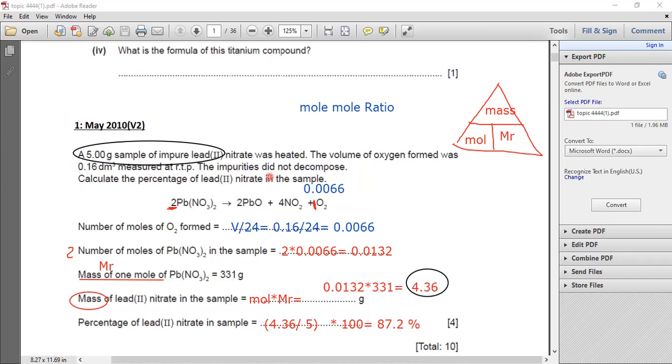In this question, I discussed with you using, in number 1, the second triangle, volume divided by 24, because I have the volume of oxygen. I discussed how you can use mole ratio to find any compound in the equation, and we discussed how to find percentage purity.